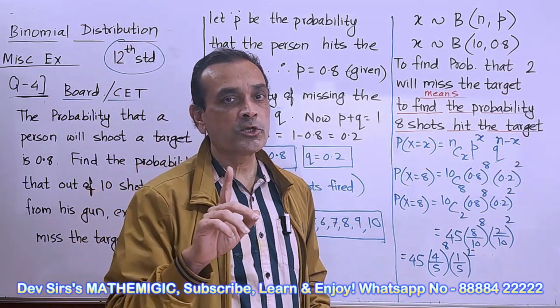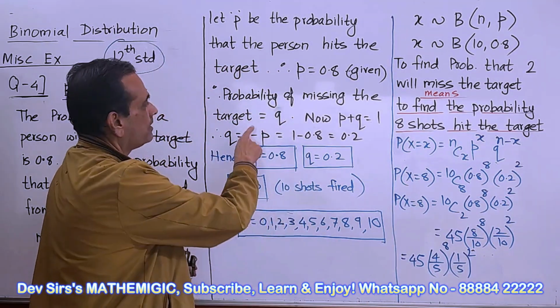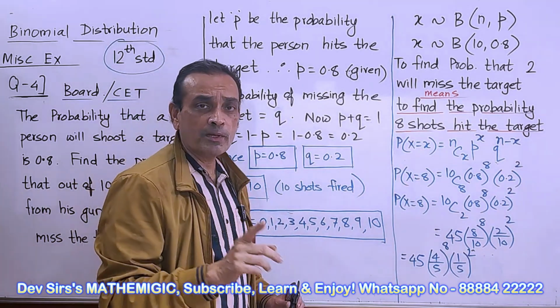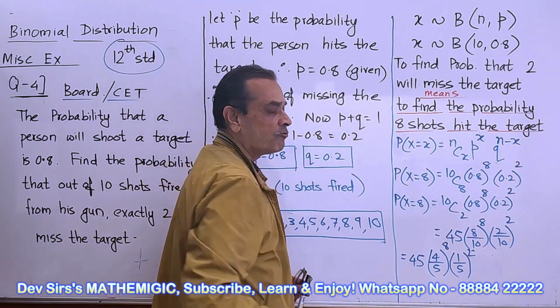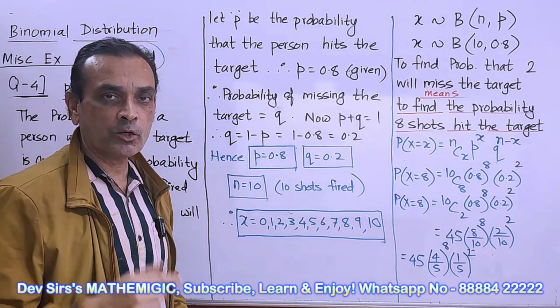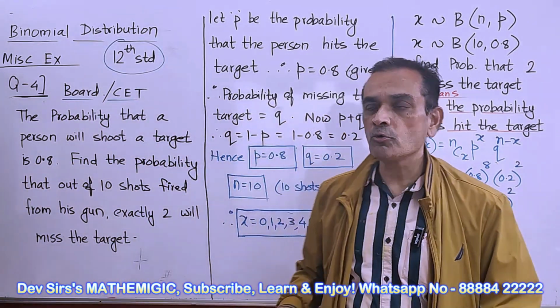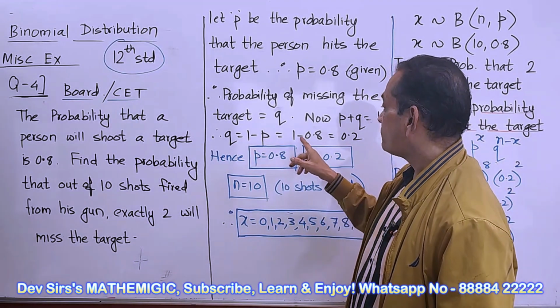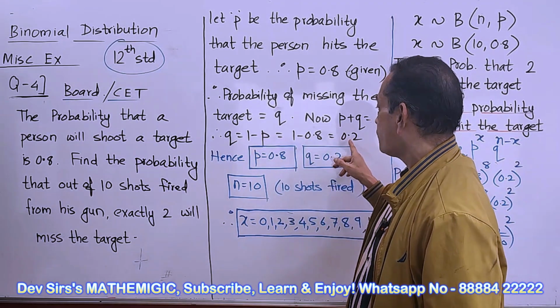So Q means the probability of missing the target. Now there is a formula: P plus Q equal to 1. For any binomial distribution, P plus Q equal to 1. So Q is equal to 1 minus P, that is 1 minus 0.8, that is 0.2.